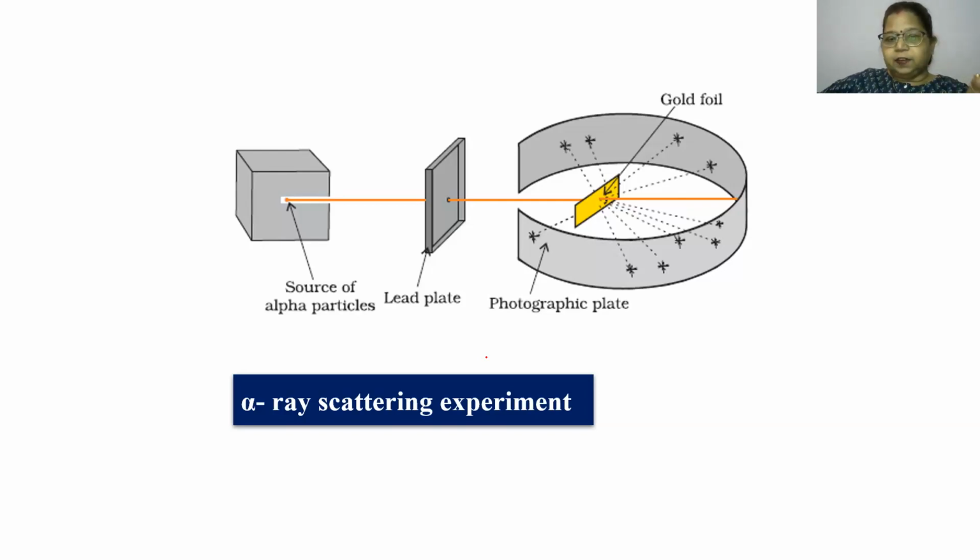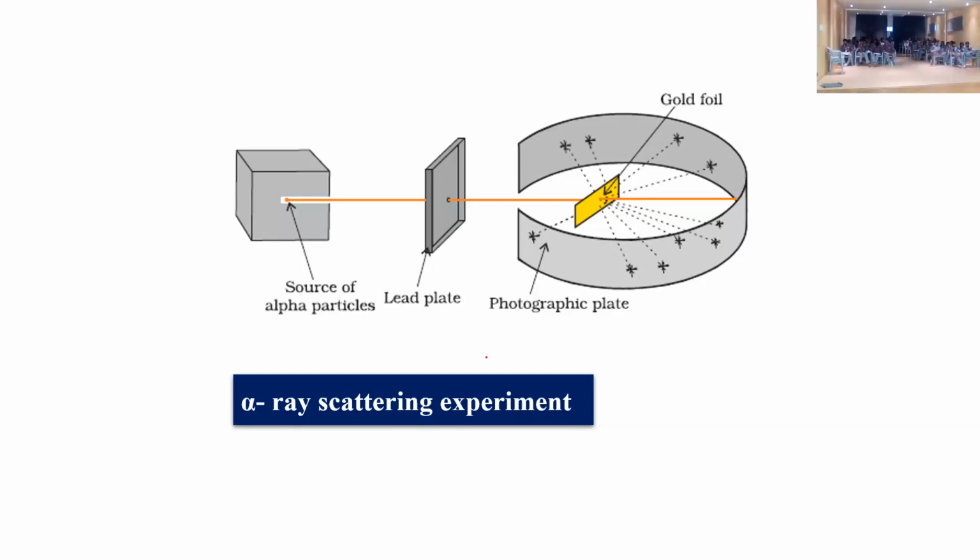Now, this is the source of alpha particles. Can you name what can be the possible source of this alpha particle? What material could he have used? Any answers?